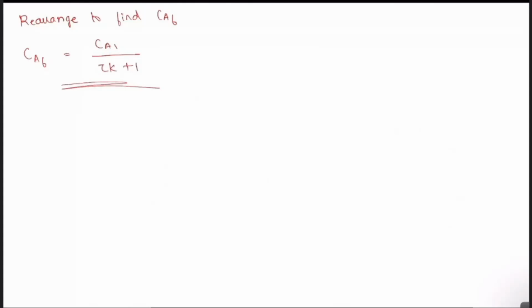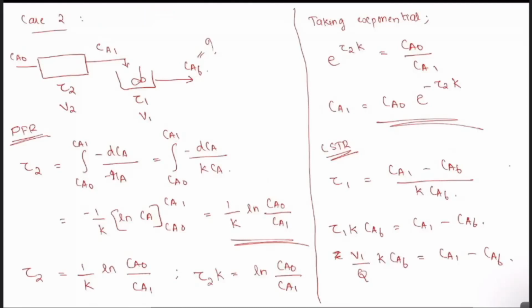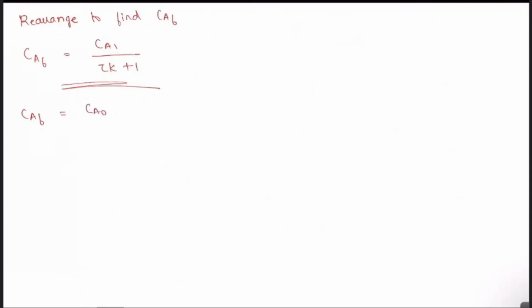Okay, now from here we have Ca1. So we substitute that Ca1, so CAF is equal to Ca0 into e raised to minus tau 2 K by tau 1 K plus 1.